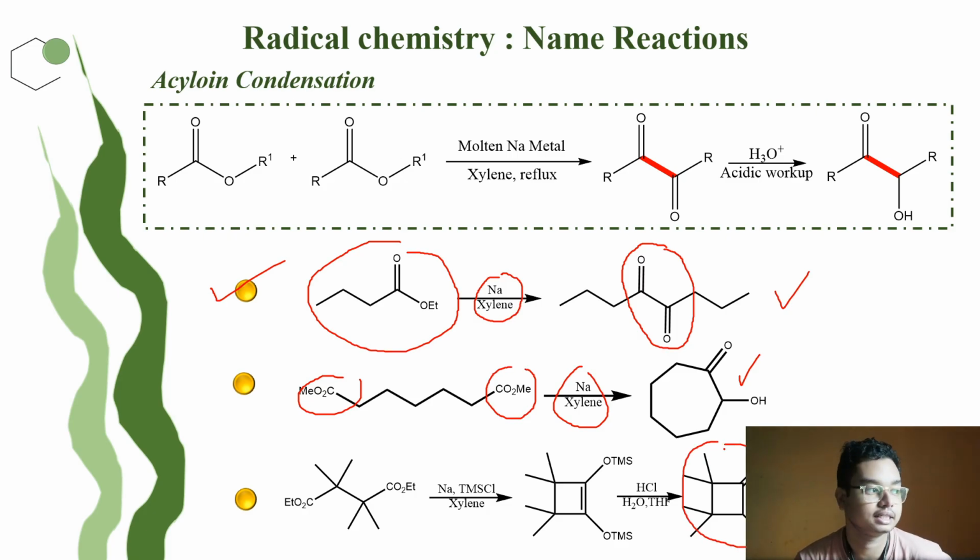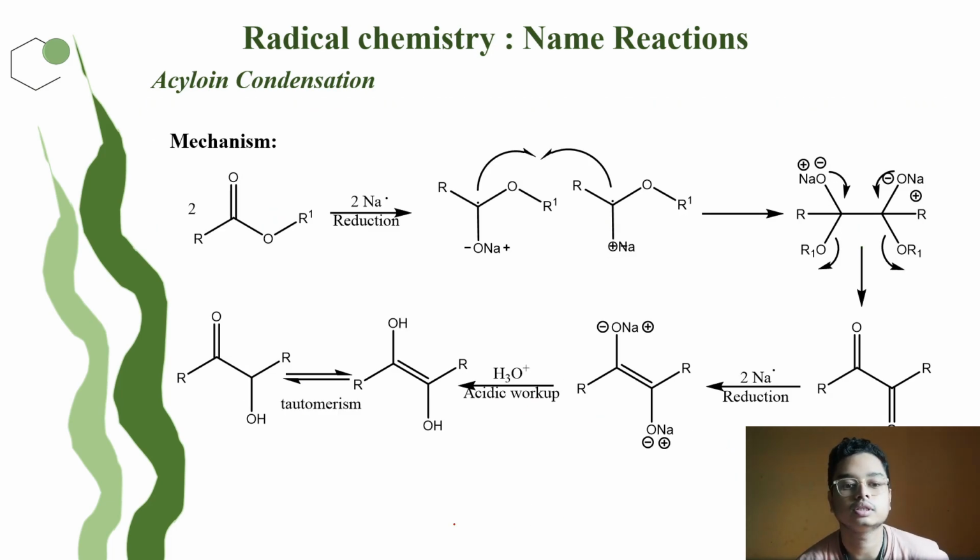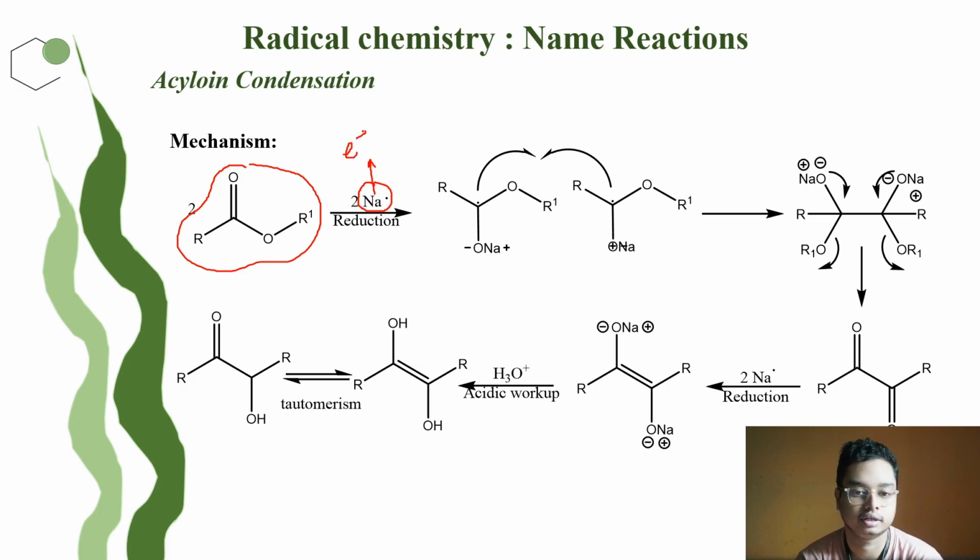Now, let us understand the mechanism of this reaction. Initially our ester is there, and the ester reacts with sodium. In the solvent medium, sodium liberates one electron, and this electron attacks here to break this bond. So we get one radical here, and the negative charge on the O will be stabilized by the sodium metal.